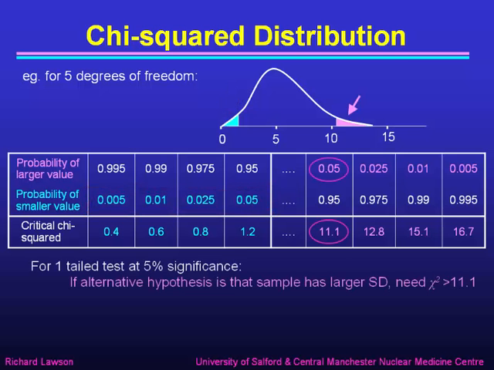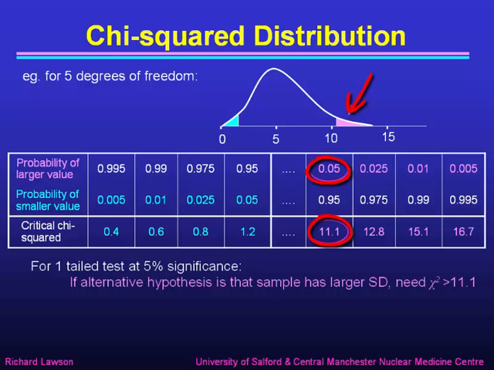Suppose, therefore, that we're looking for a one-tailed test at the 5% significance level. We want to know what is the probability of getting a value in the right-hand tail here, which only occurs with a 5% probability. So if we look in the purple values, a p-value of 0.05 corresponds to a critical chi-squared of 11.1.